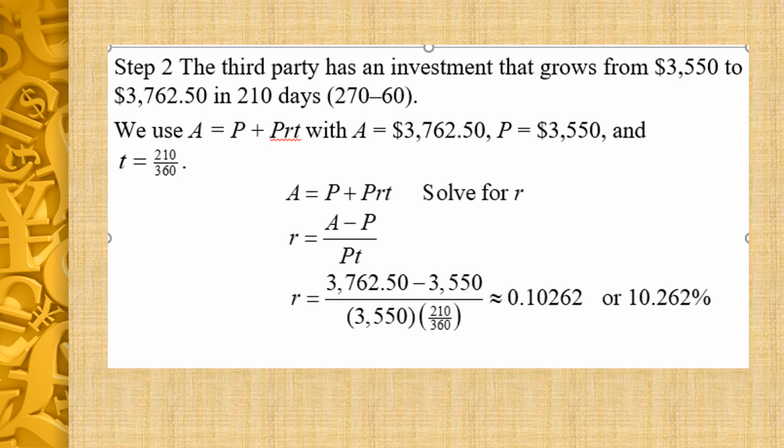The remaining period is 270 minus 60, which is 210 days. So in this case, your A is 3,762.50. The principal amount is 3,550. And the number of days here is 210 days. So from this, I can easily calculate the value for R, and R is 10.262%.